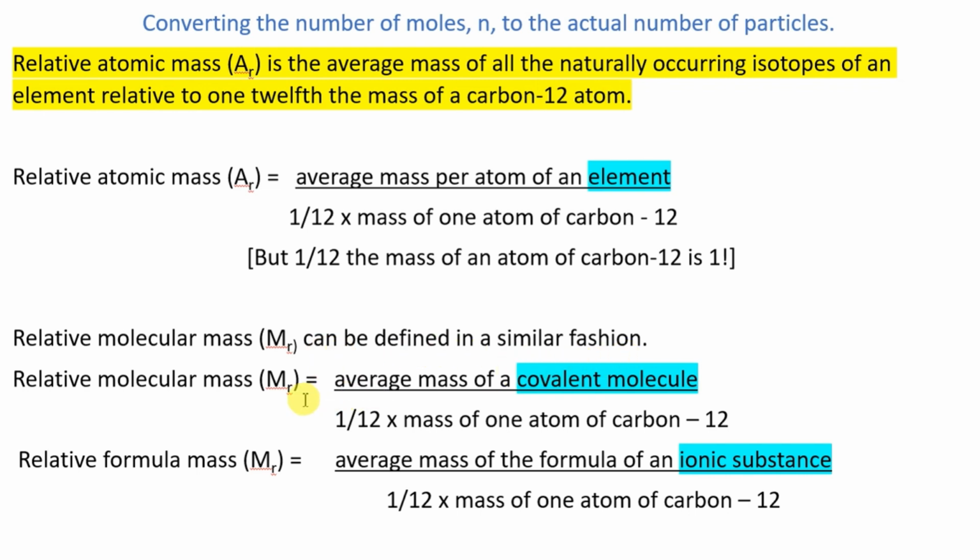Defined in a similar fashion. The average mass of a covalent molecule divided by 1. Relative formula mass. Can't use molecular if I'm talking about an ionic substance. But the average mass of the formula of an ionic substance divided by 1.